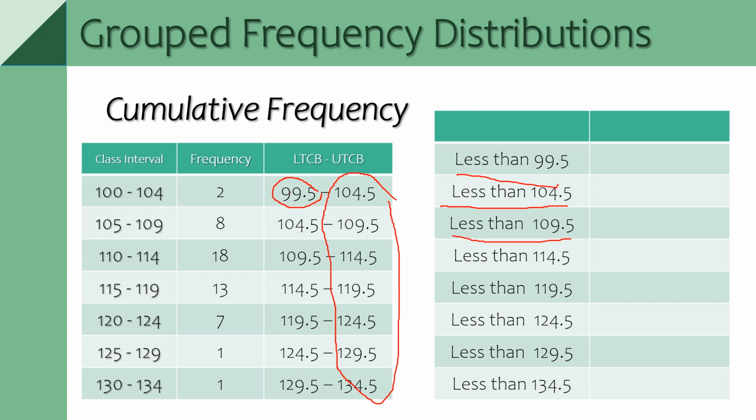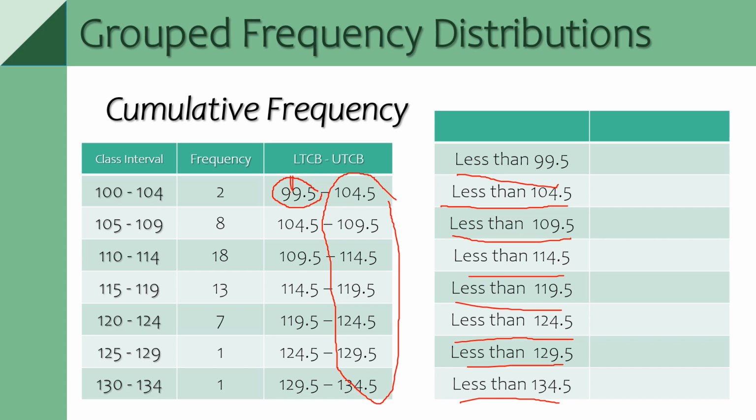So we have less than 109.5, less than 114.5, less than 119.5, less than 124.5, less than 129.5, and then less than 134.5. Okay, so ngayon, bibilangin natin kung ilan yung less than 99.5. So, ilan ba yung less than 99.5?